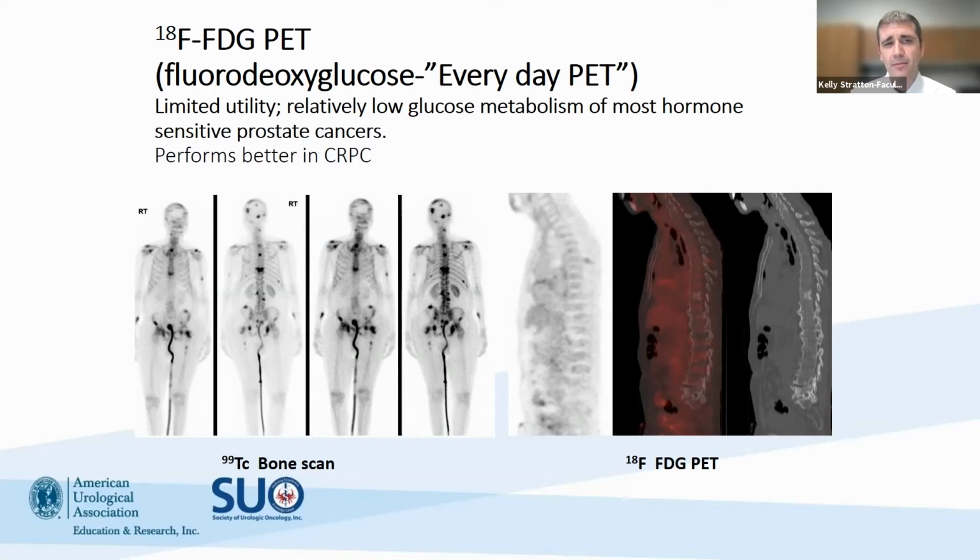It may perform a little bit better in castrate-resistant prostate cancer, but still, we do not incorporate FDG PET imaging as one of these next generation images. As a comparison of a bone scan versus an FDG PET, the bone scan shows a thoracic vertebral lesion. While you can see it on the CT part of the PET scan, there's really no activity from the FDG PET scan.